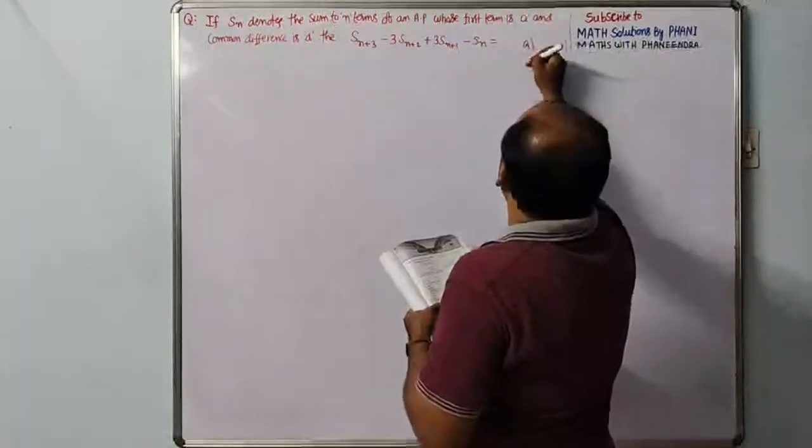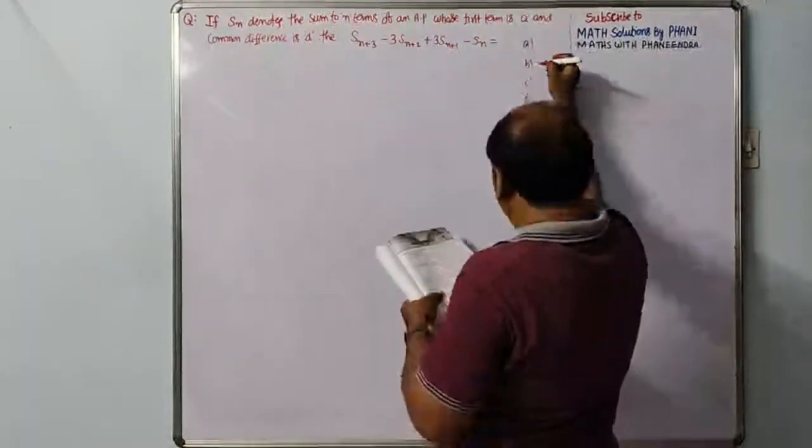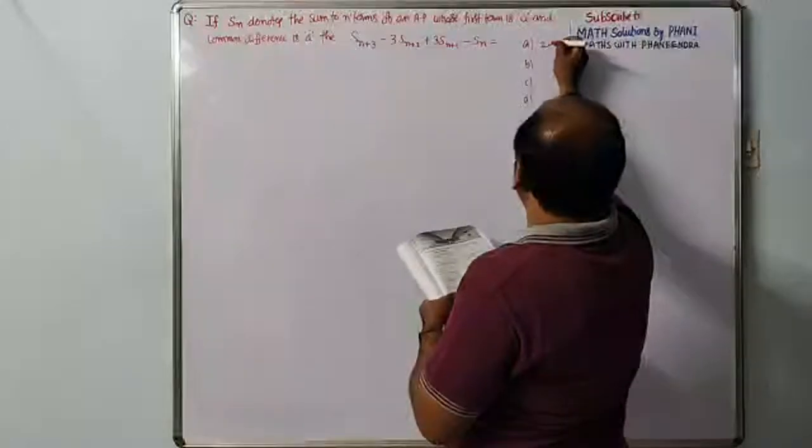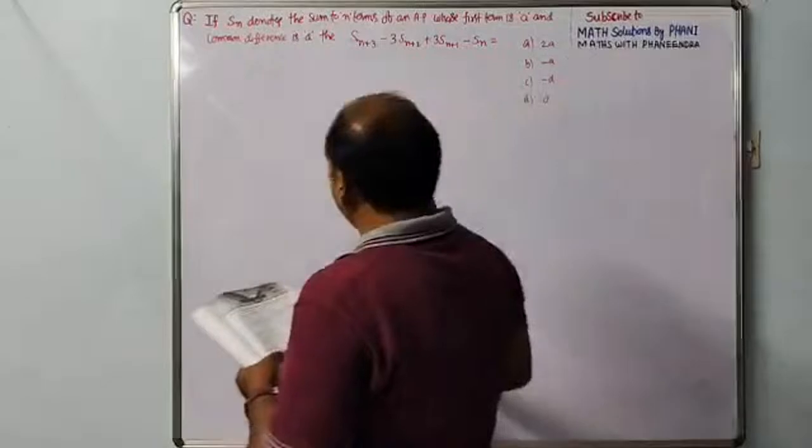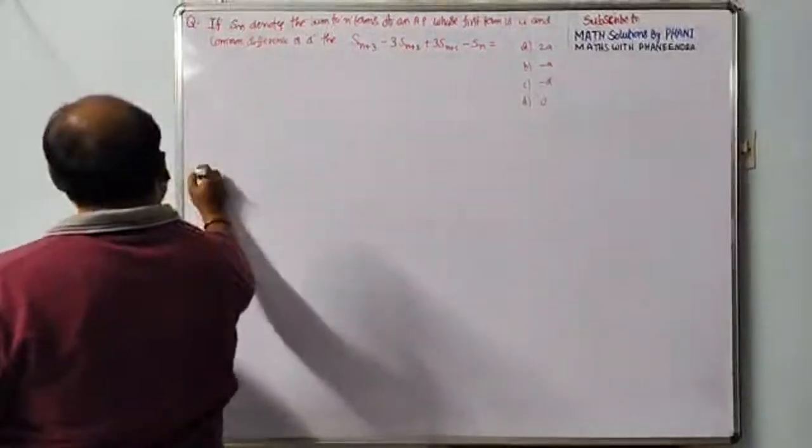So options are provided: 2A, minus A, minus D, 0.